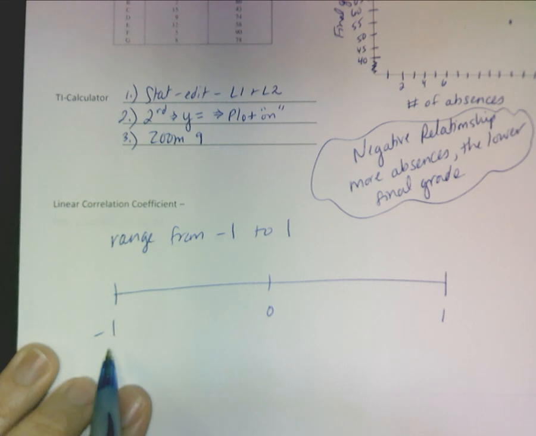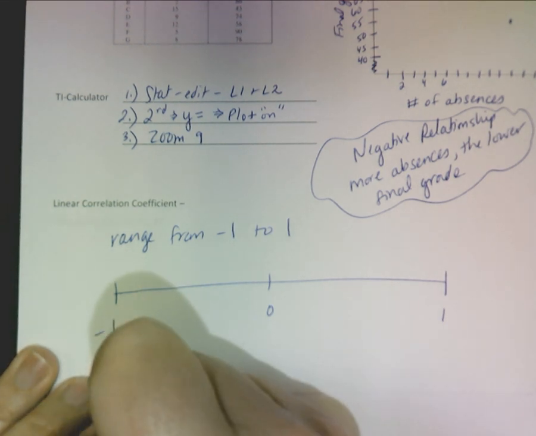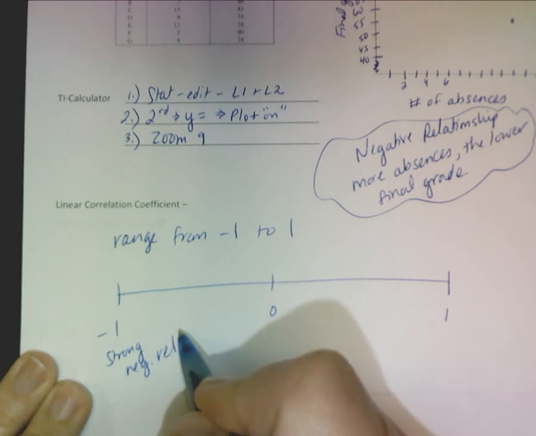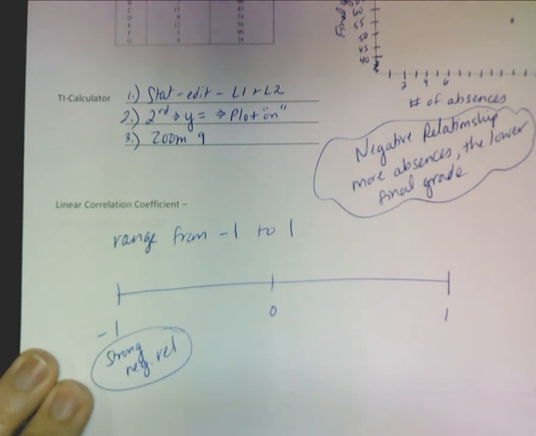If you have -1, you have a strong negative relationship between your x and y variables. If you have a 1, you have a strong positive relationship.